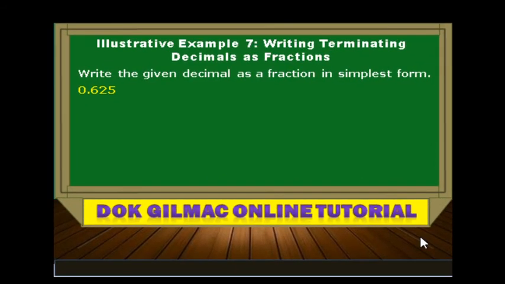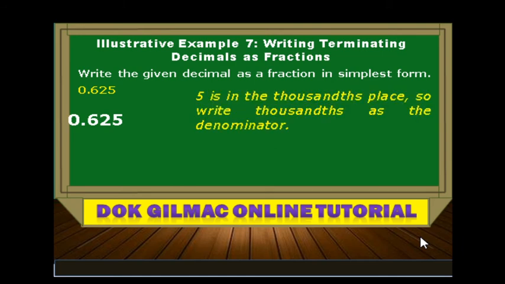Let's have illustrative example number 7. Write the given decimal as a fraction in simplest form, 0.625. 5 is in the thousandths place, so write thousandths as the denominator. So this is just the same as 625 over 1000, or 25 over 40, or 5 over 8.